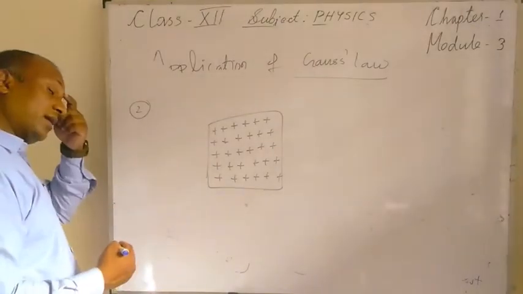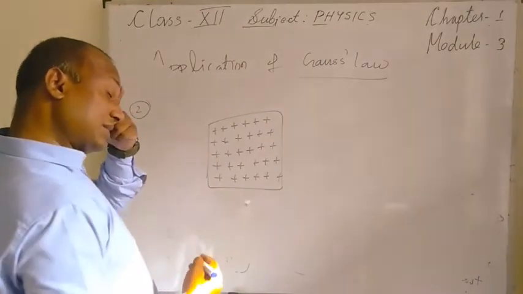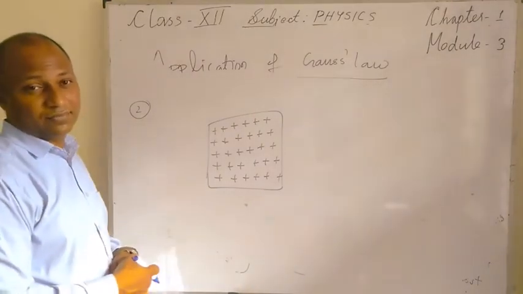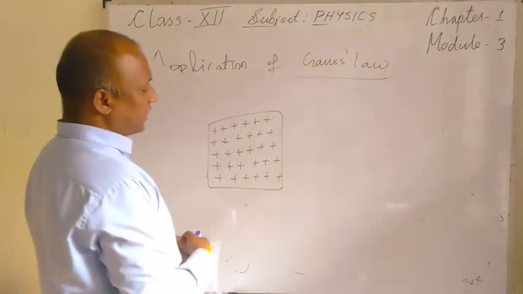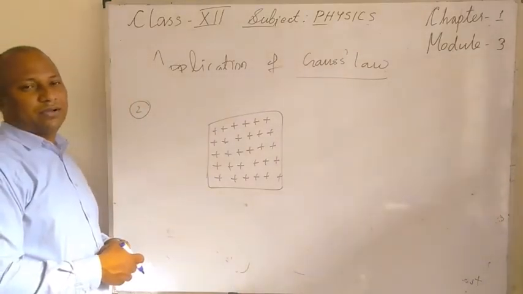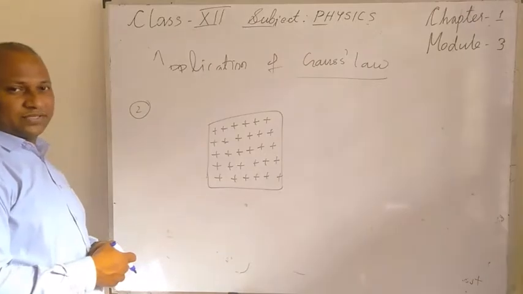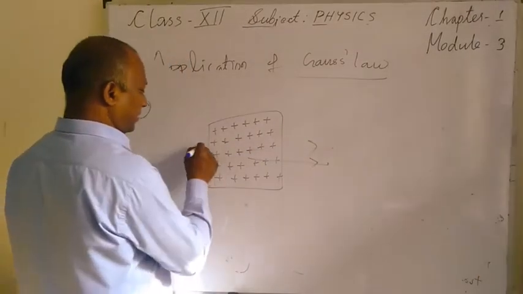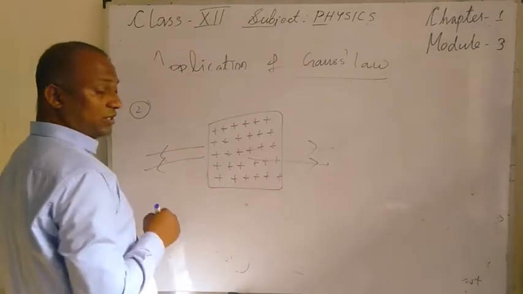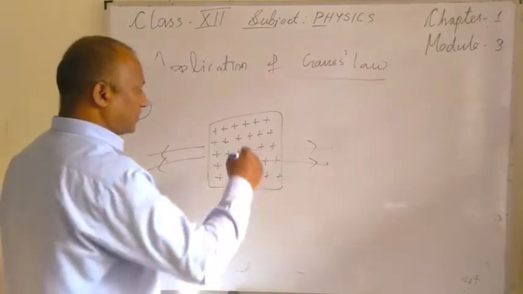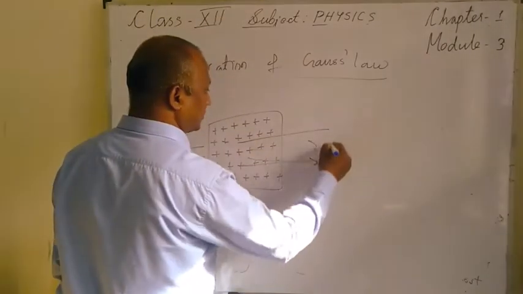So for that, I have to consider a Gaussian surface again. Here also I am going to use a cylindrical, or even I can use a cuboidal Gaussian surface, because the electric field is outward on this side and on this side also, because positive charge always has outward electric field.